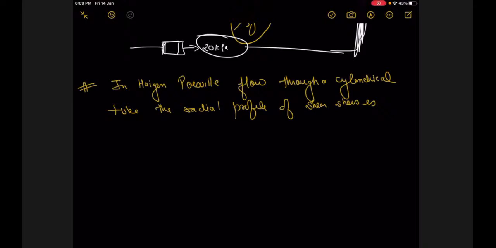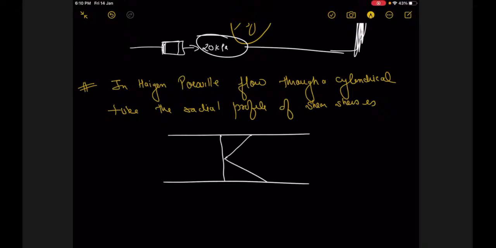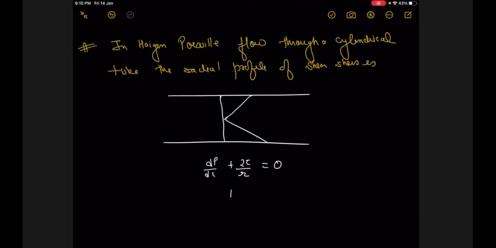So what will be the profile here? In the radial profile, it will be like this: dP by dL plus 2 tau by r is equal to 0. So delta P by L is equal to 2 tau by r.